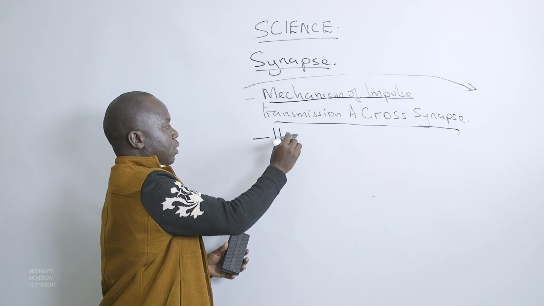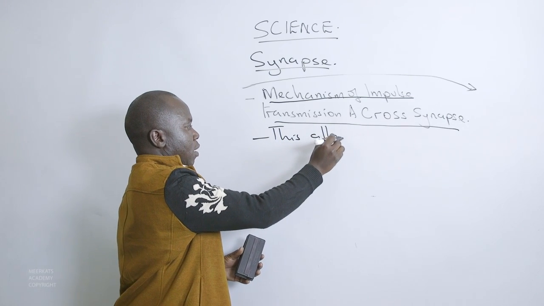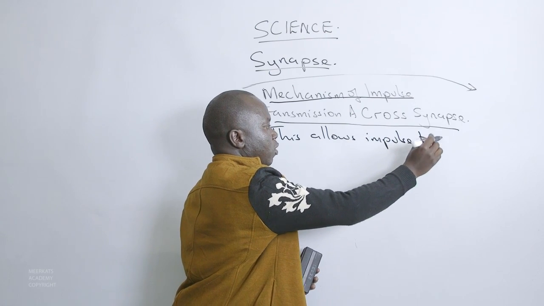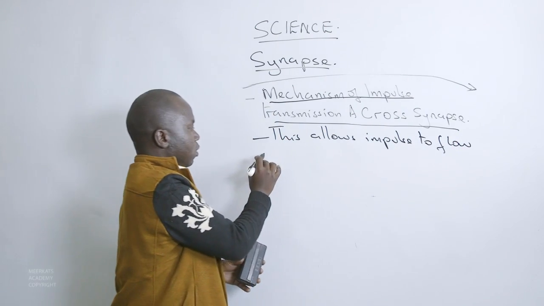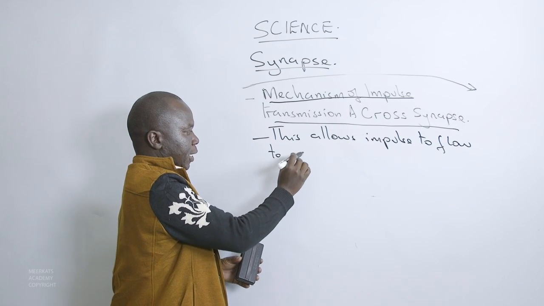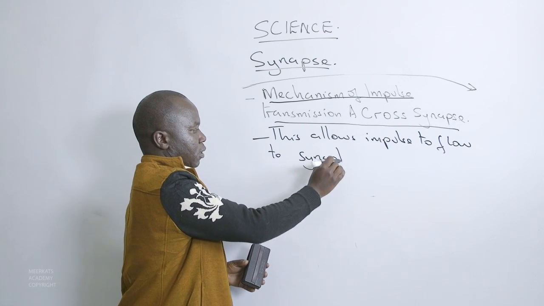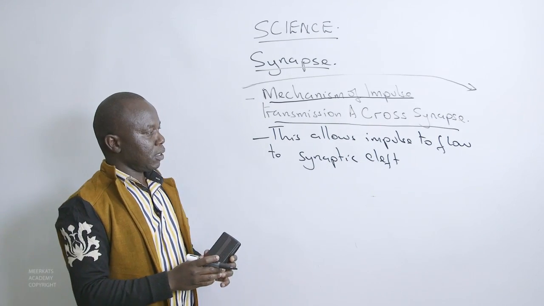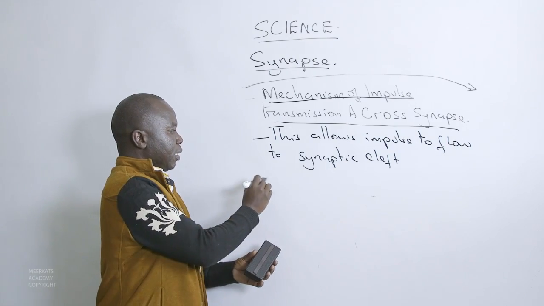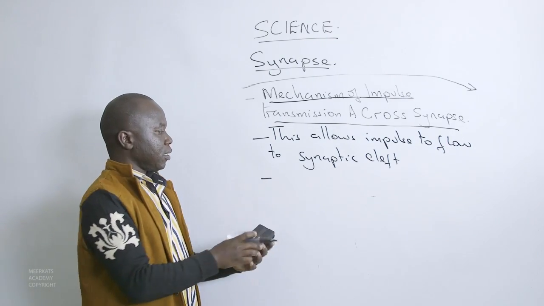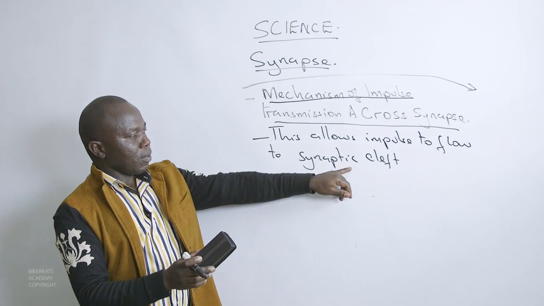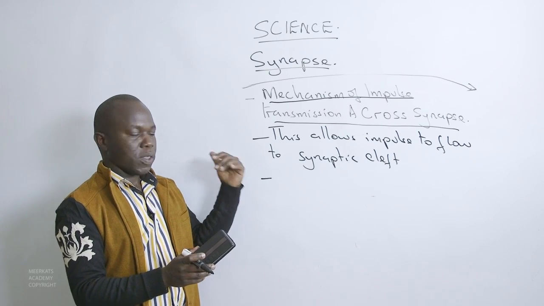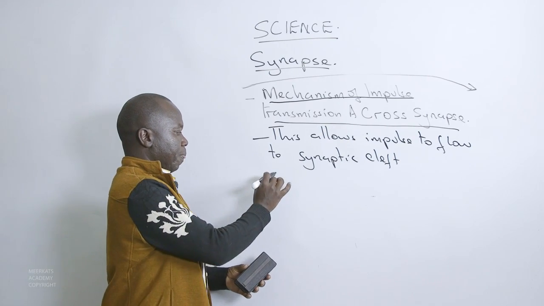This allows the impulse to flow to the synaptic cleft. So in the process, again, the same thing happens. The synaptic cleft will allow the ions or the nerve impulse to flow to the postsynaptic membrane.